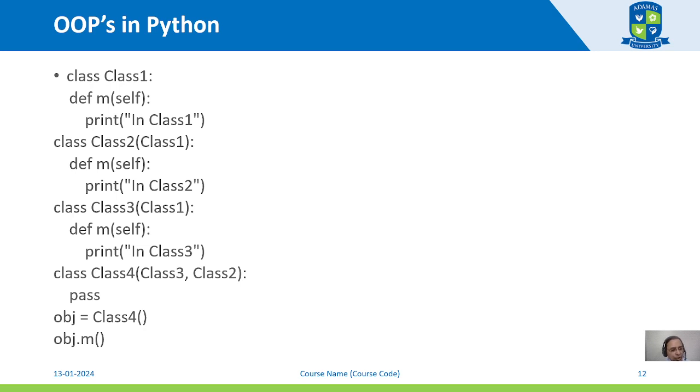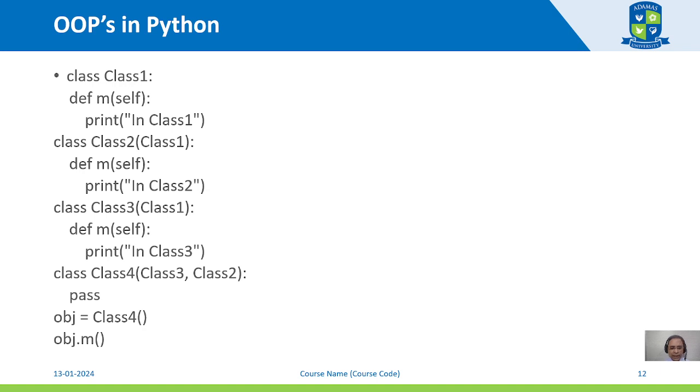Otherwise, if we would have mentioned one data member function within class 4, then it would have called first the class 3 data member function, then the class 2 data member function, then the class 4 data member function.